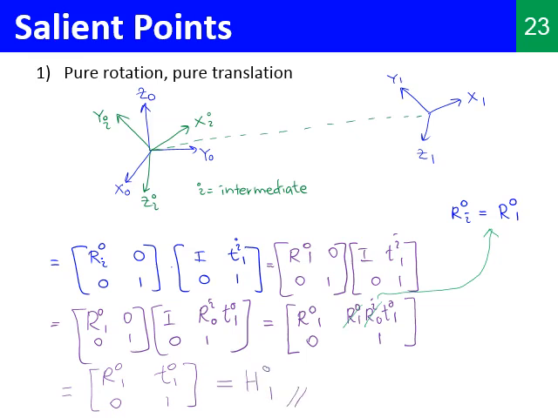Okay, so the homogeneous transformation matrix H01 could be given by two basic homogeneous transformation operations: pure rotation followed by pure translation. Okay, so that's what we proved.